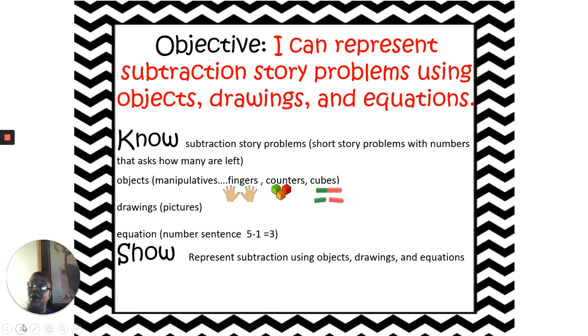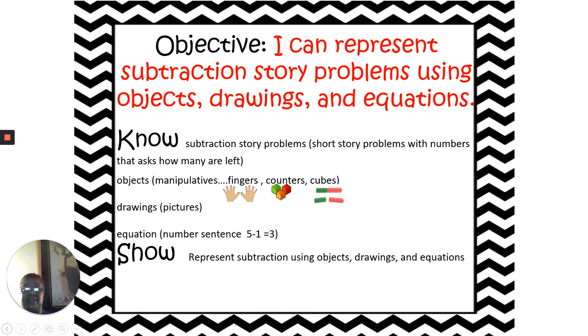What you are to know for the lesson: subtraction story problems, which are short story problems with numbers that ask how many are left. Another word for objects is manipulatives. Some manipulatives or objects that we can use are fingers, counters, cubes.